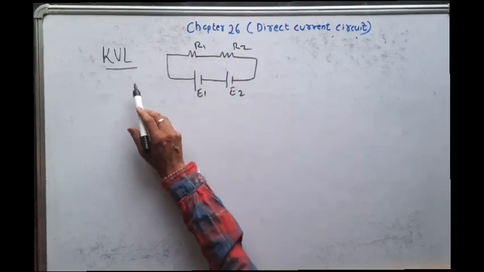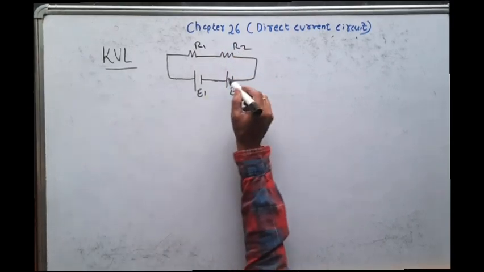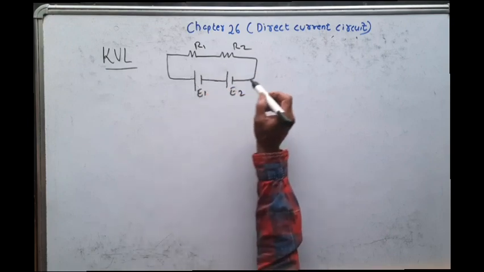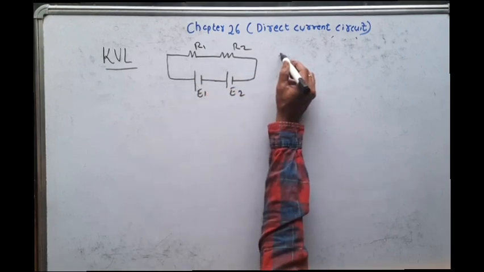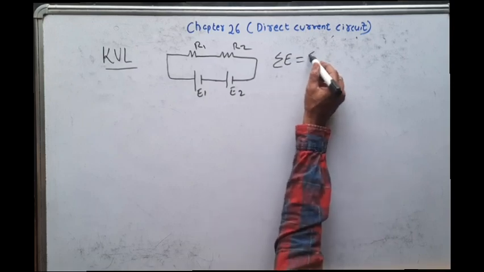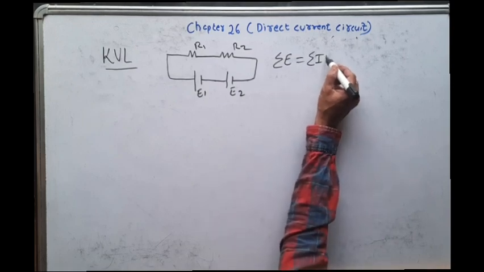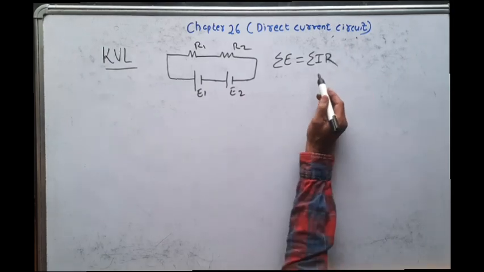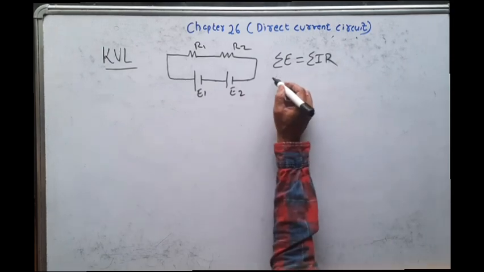Now according to Kirchhoff's voltage law, which is applied to a closed circuit, the algebraic sum of total EMF is equal to the algebraic sum of IR drop in a circuit.